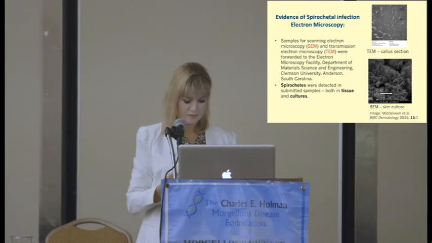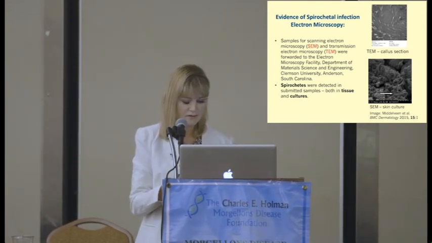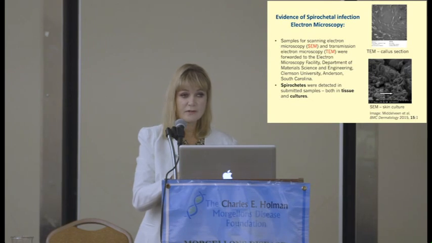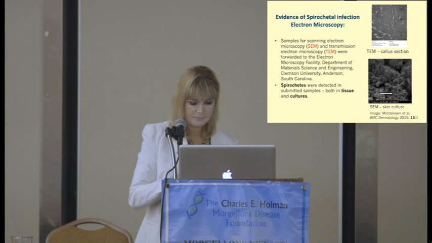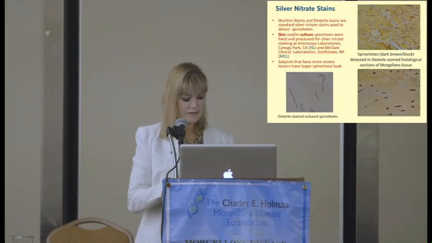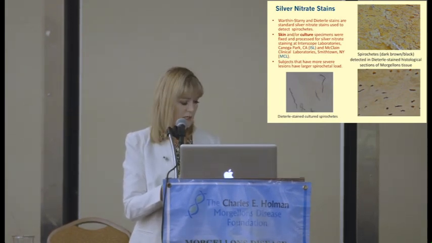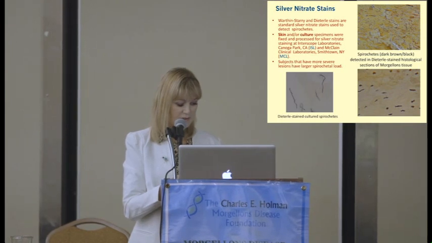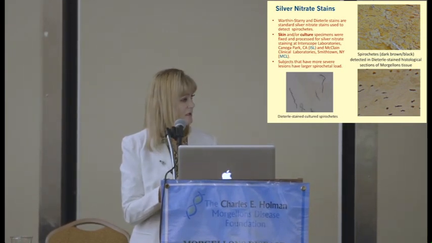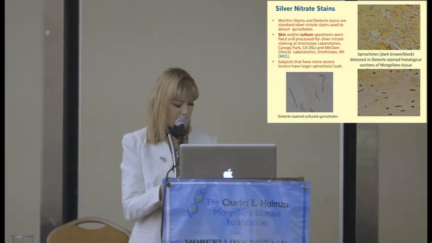We also observed spirochetes both in culture and in skin specimens using scanning and transmission electron microscopy, performed at a different lab, at Clemson University in South Carolina. We used silver nitrate staining to help us visualize spirochetal morphology, and as you can see in these images, we saw them both in tissue sections, which is at right, and in culture smears, which is left.